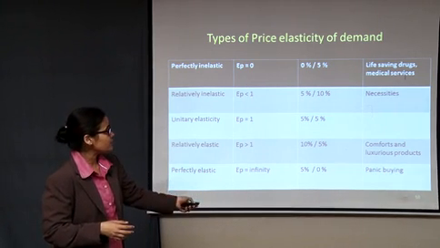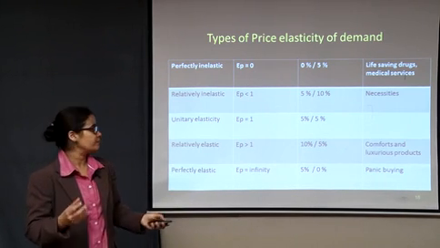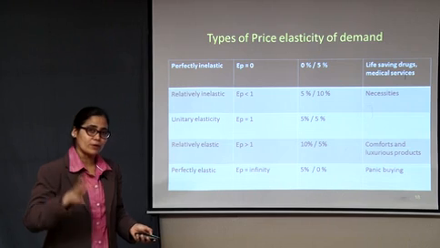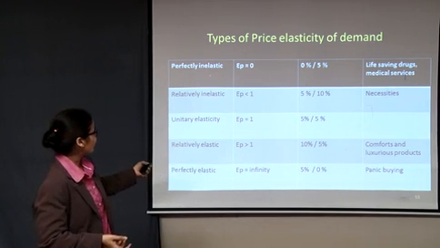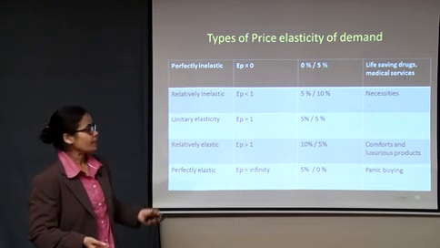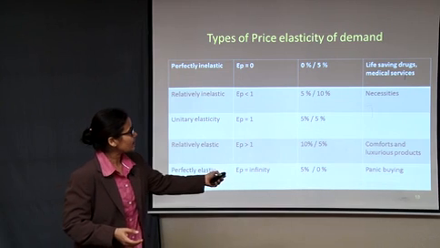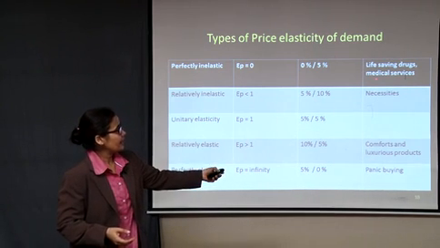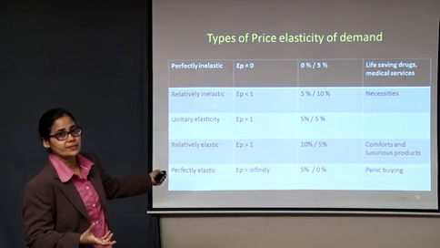Now the last column is very important, because in the last column I have mentioned the examples of products or the category of products which will get classified into this elasticity based on elasticity values. So you will find, students, that all necessity and essential things in life go under inelasticity.